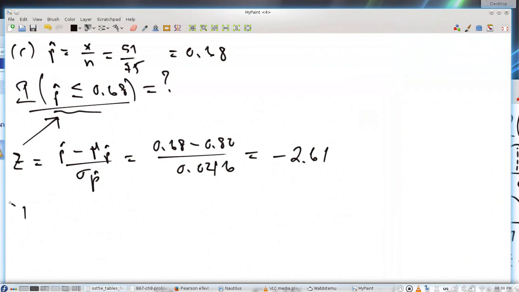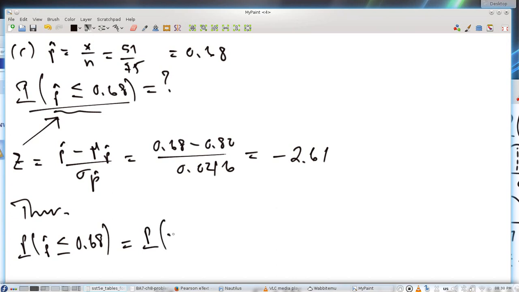the probability of p hat less than or equal to 0.68, in the z expression, is z less than or equal to negative 2.61.